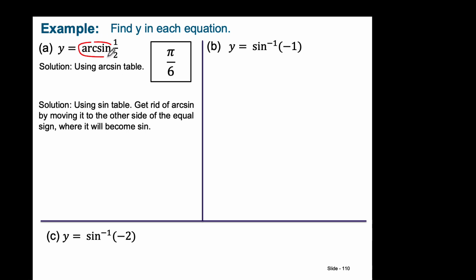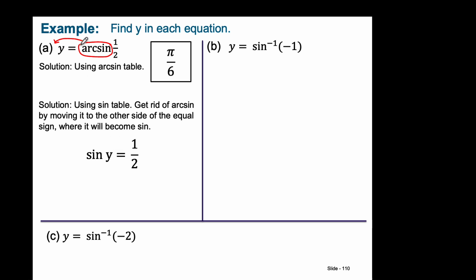Arcsine, we would use its inverse operation to move it to this side of the equal sign, and it becomes sine of y is equal to 1/2. Notice how the movement of arcsine looks when it passes to the other side of the equal sign in the equation.